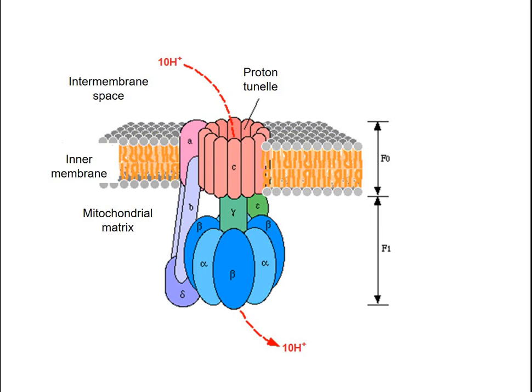Protons return from the intermembrane space to the mitochondrial matrix. When protons return into the mitochondrial matrix, they make the FO oligomycin dependent subunit turn around its own axis.